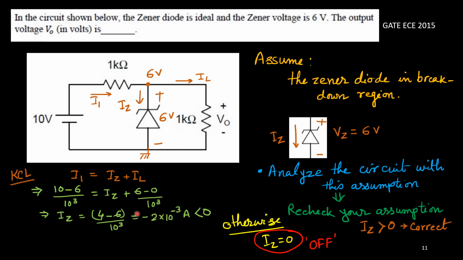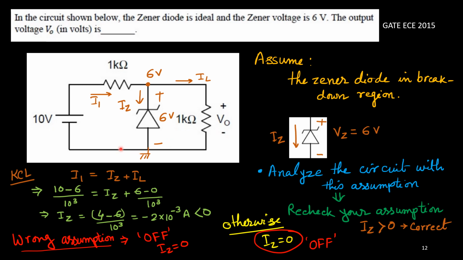This negative sign indicates that the current cannot flow in this direction. It should be in this direction, from P to N. This signifies our assumption is wrong, meaning this diode cannot be in breakdown region.